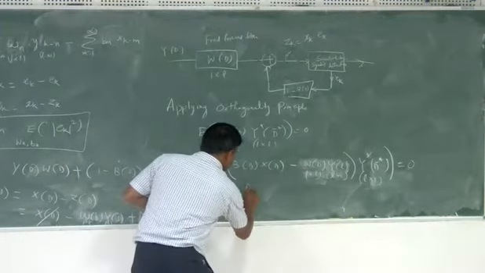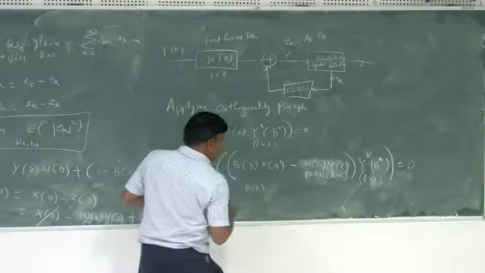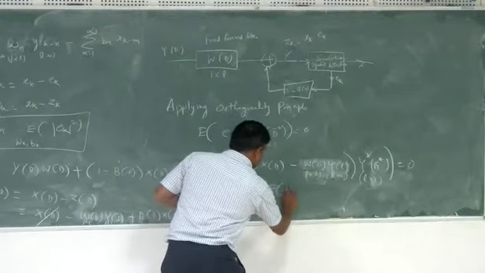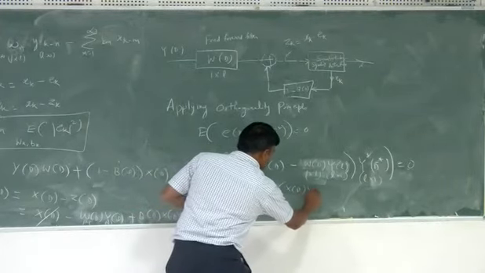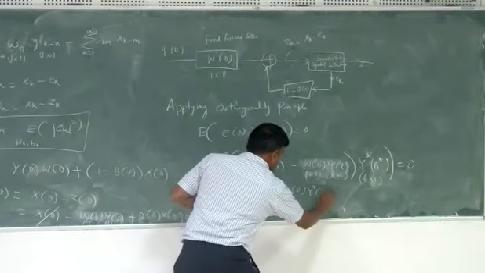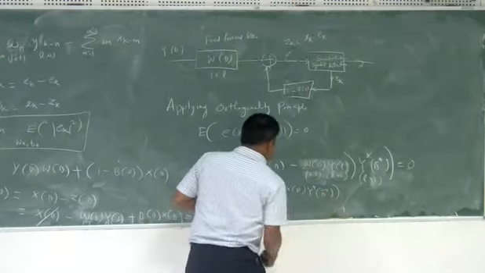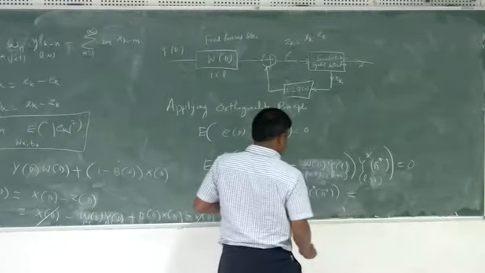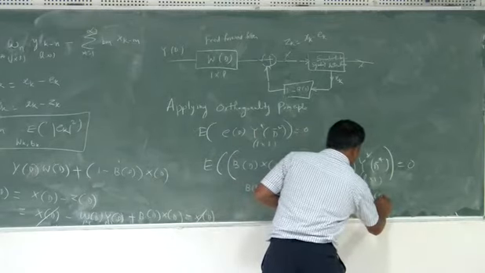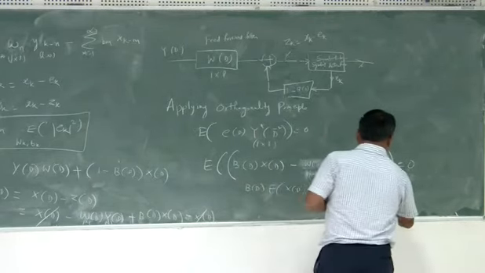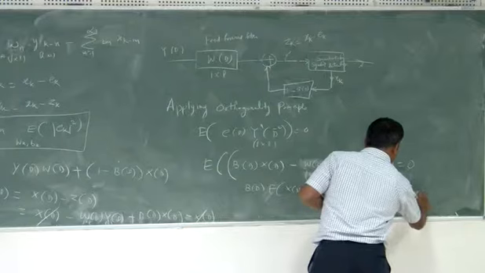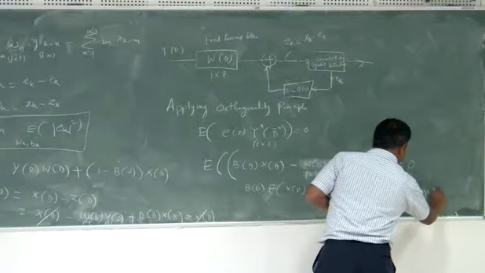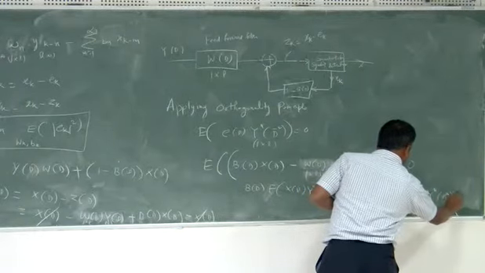b of D is not random. The expected value of x of D y star D minus is equal to w of D into the expected value of y of D y star D minus star.